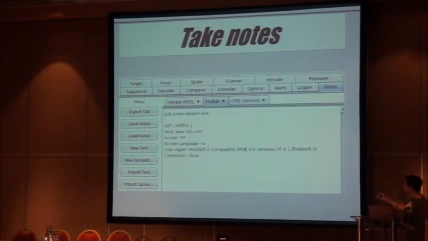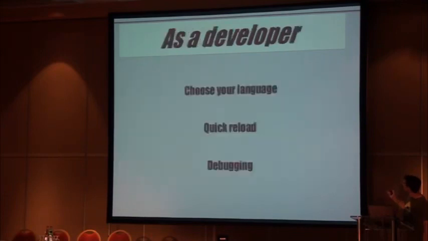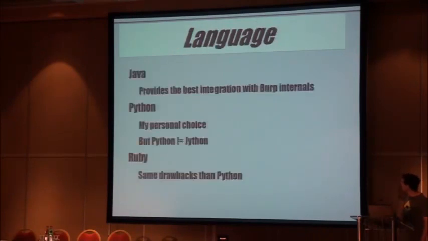Voila, that's for users. For developers, a few points. You have three ways to write Burp extensions. Java, which is the best way to do it if you like Java. I do not like Java. Python, my personal choice because I'm fast using Python, but beware, Python is not Java.